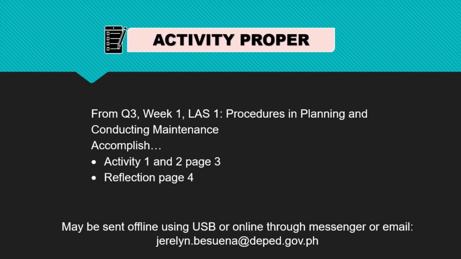You may read the background information or proceed with Activity 1 and 2 on page 3 and reflection on page 4. Once you're done with the activities, you may send it offline using your USB or online through Messenger or email.